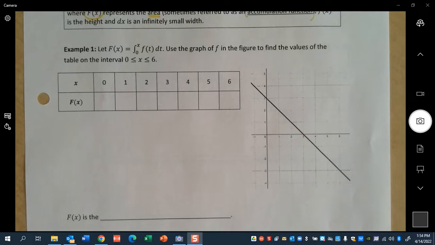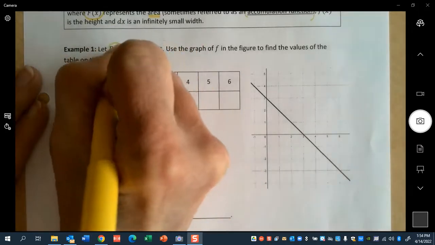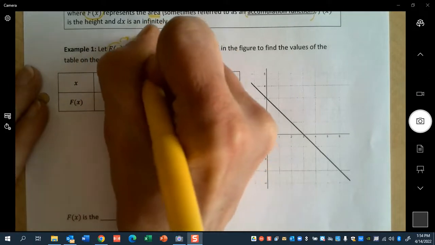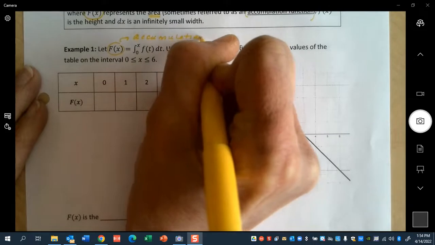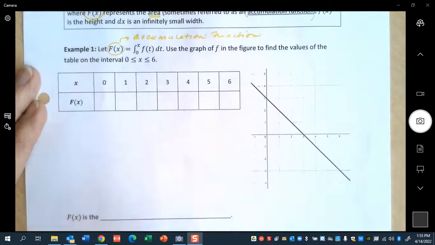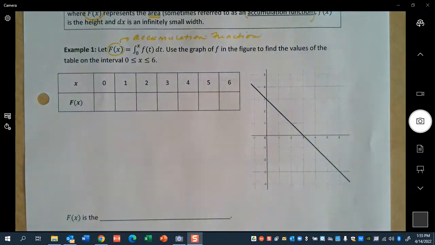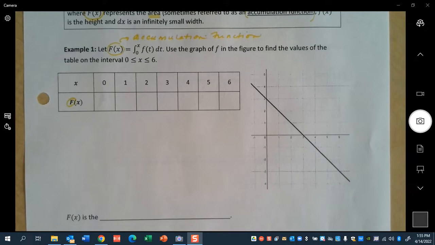So capital F of x is going to represent our accumulation function. So whatever it is that we are accumulating, that's what we're counting up, and that is what our capital F of x represents.